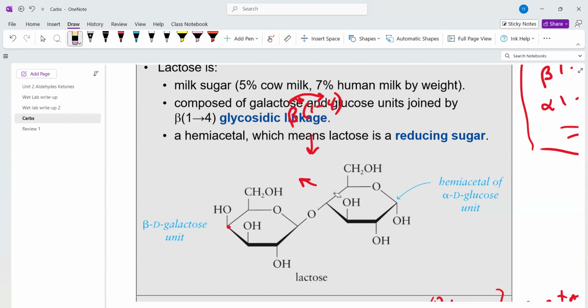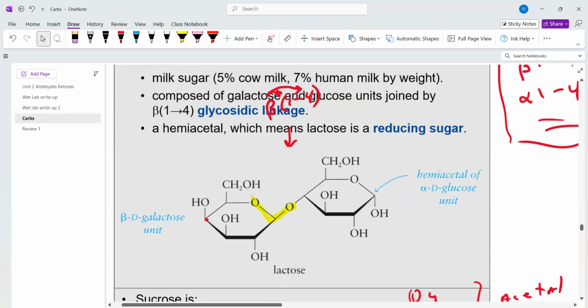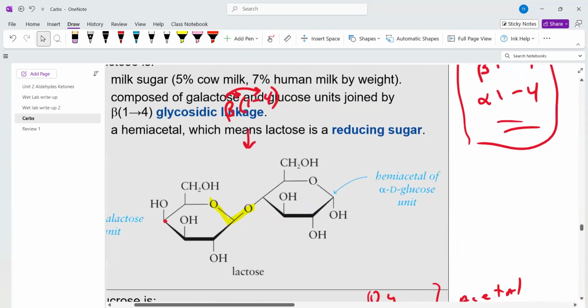This is old notes. Okay. All right. So let's analyze this. First of all, when galactose and glucose come together, we form a linkage. And that linkage is right here. And another thing to note here is we have a hemiacetal there. That means automatically it is a reducing sugar.